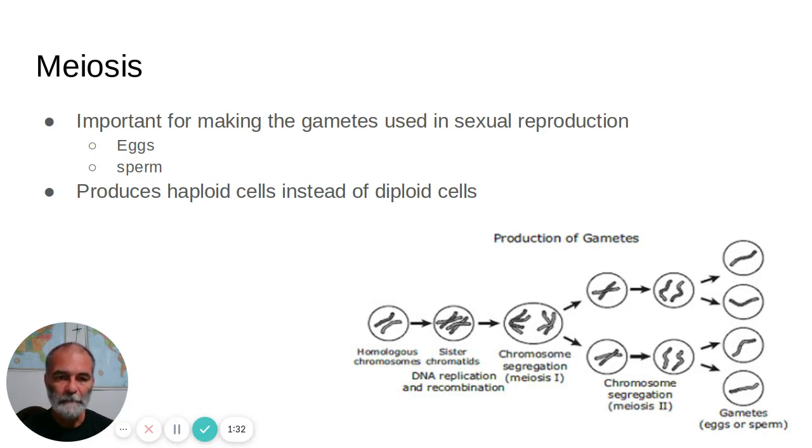Just very quickly, diplo means two or double, and haplo means half. So you have a cell with pairs of chromosomes, doubles of chromosomes. A haploid cell only has single chromosomes instead of the diploid cells, which are paired.